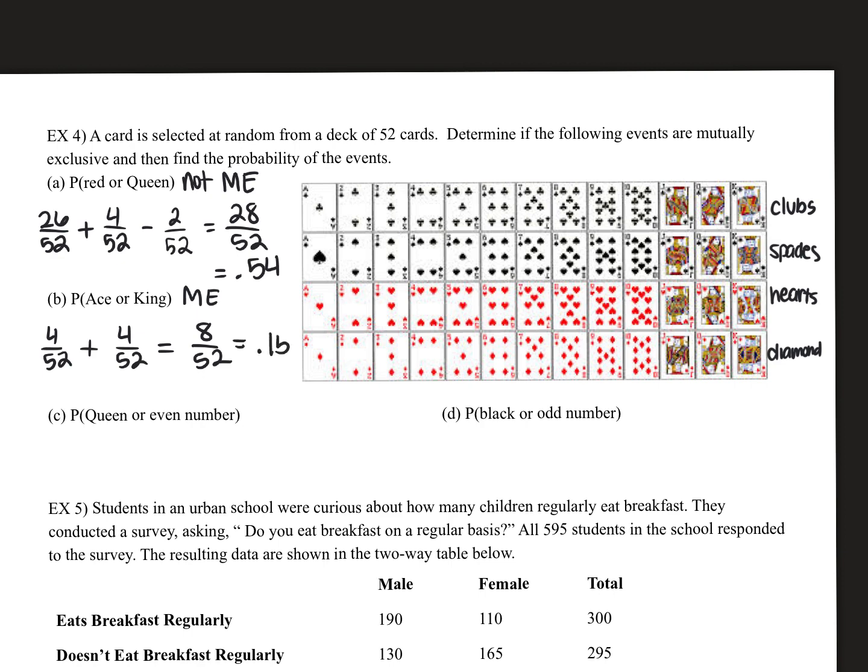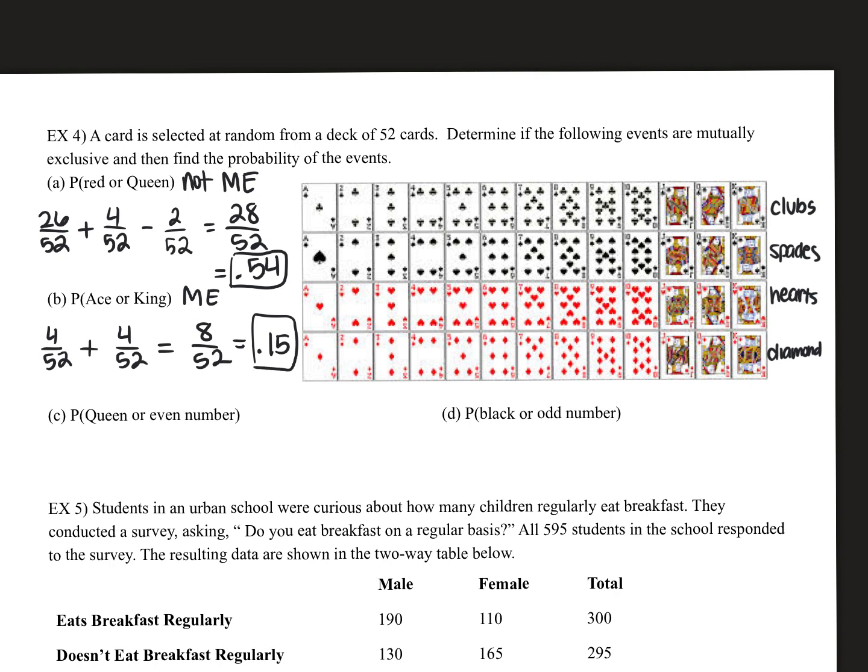And this probability is the same for any two cards. So I could replace ace and king with 2 and 7, 4 and 9, jack and queen. Literally any two cards have the same probability of 0.15 because there's 4 of everything.